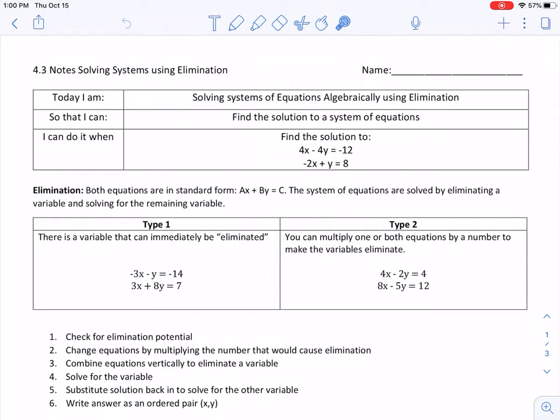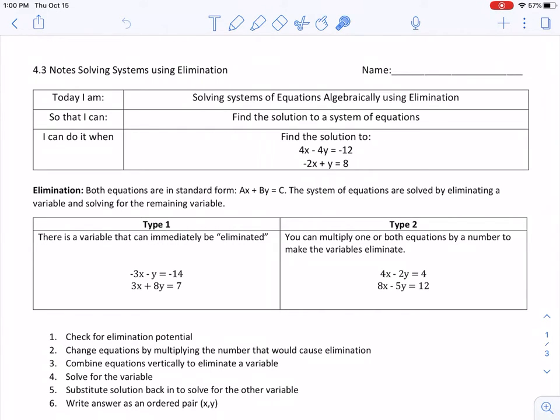So why elimination? With graphing, it's easiest to graph if, one, we have a provided graph, and two, both equations are in slope-intercept form. Then we can just plot the b and then count using our m and graph our lines and then look for where our lines cross to find our solution.